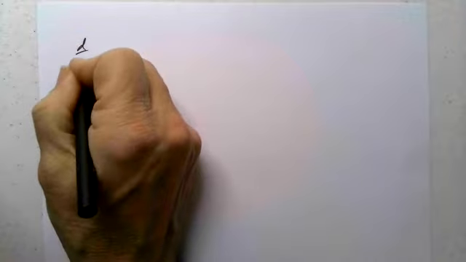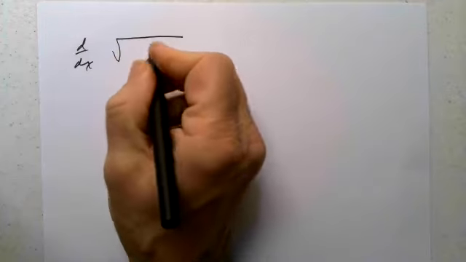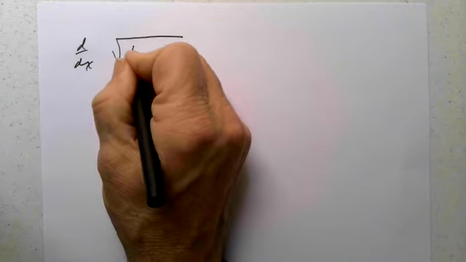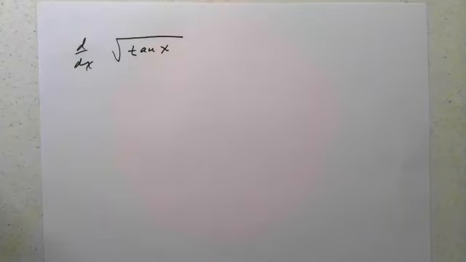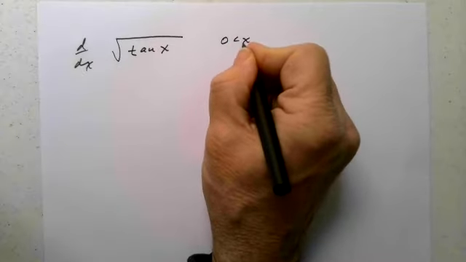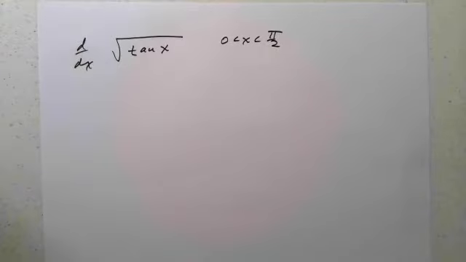What is the derivative with respect to x of the square root of tangent x, for example? It's only defined where tangent is positive, so we'll say, for the sake of discussion, x is bigger than 0 and less than pi over 2, just to make sure that this is well defined there.